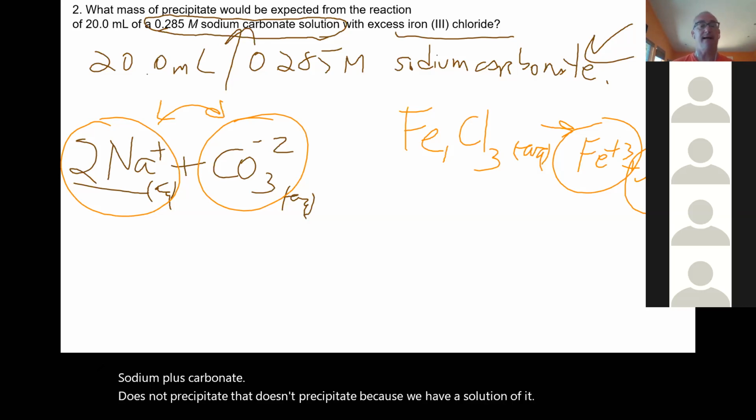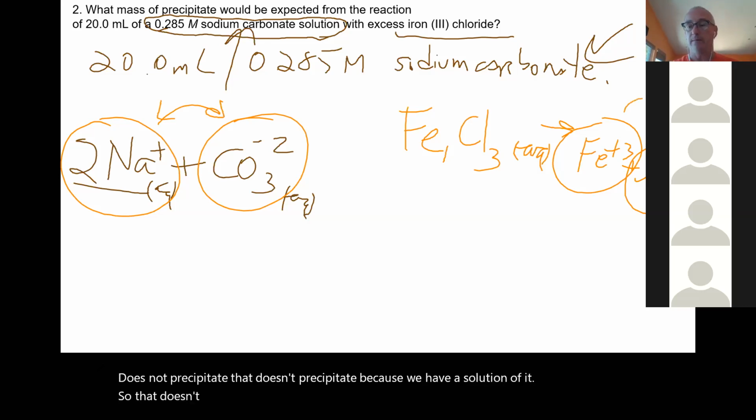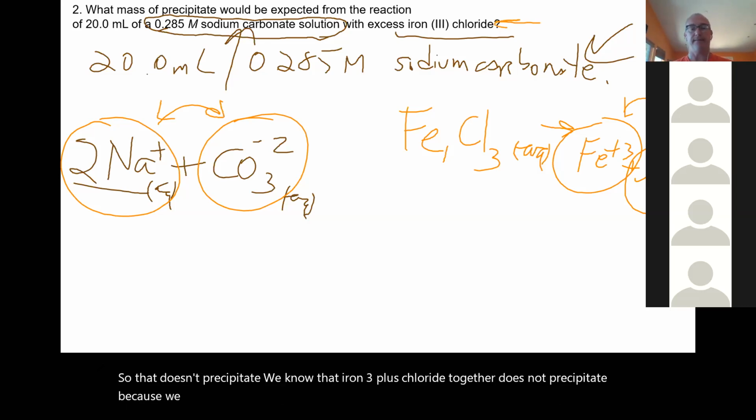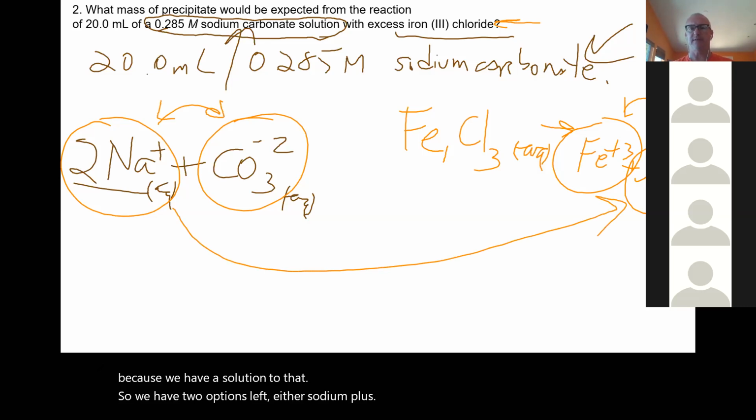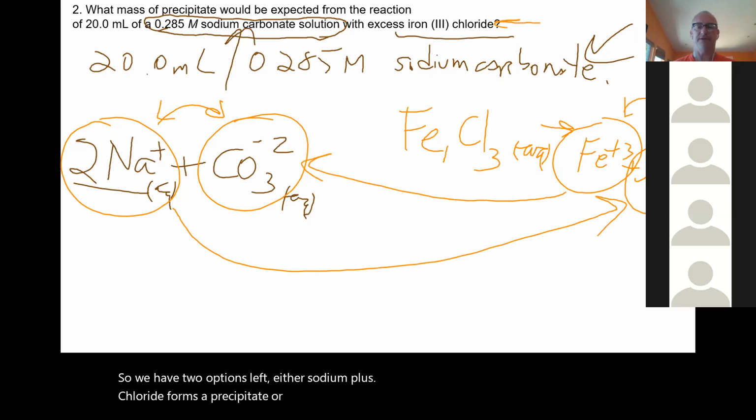We know that iron 3 plus chloride together does not precipitate because we have a solution of that. So we have 2 options left. Either sodium plus chloride forms a precipitate, or iron plus carbonate precipitates. Which one of those do you think actually precipitates?